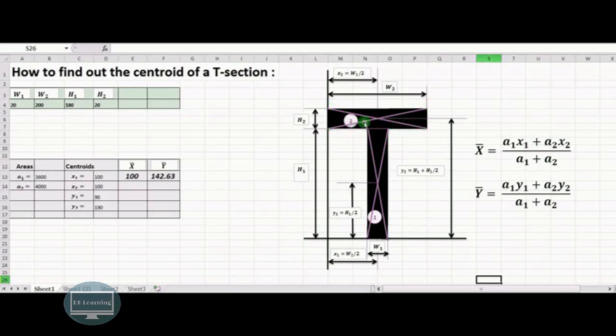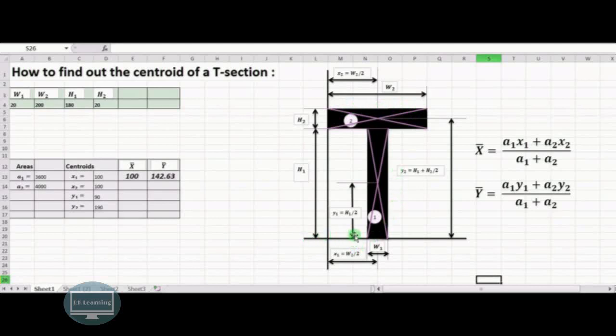Here also, if you draw the diagonals, you'll get the centroid of this rectangle. The distance of this centroid from the reference is x1. Similarly, from the reference, the distance of the other centroid is x2. That is equal to W2 upon 2, and x1 is also equal to W2 upon 2. So we can say that x1 and x2 are equal to the larger width divided by 2 in this particular case.